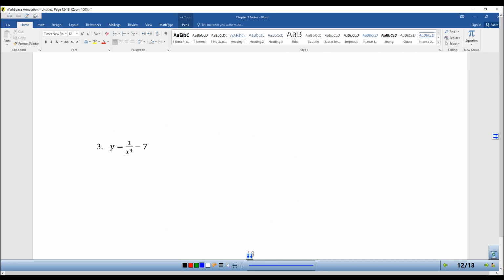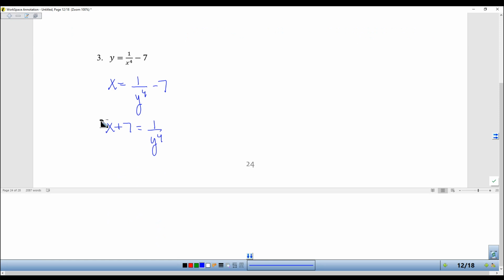Number 3. Okay, so now we have an x to the 4th. This is not from our normal section. This is going to create something completely different. So I go ahead and I switch my x and my y. x is equal to 1 over y to the 4th minus 7. I am going to add 7 first. 1 over y to the 4th. Now I'm going to clear my fraction. y to the 4th.